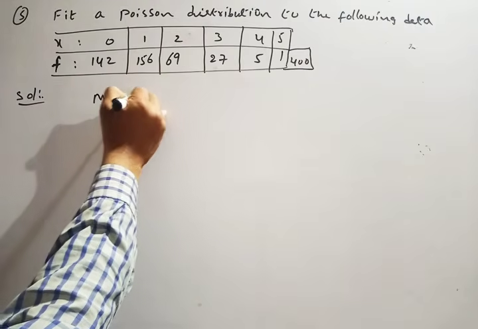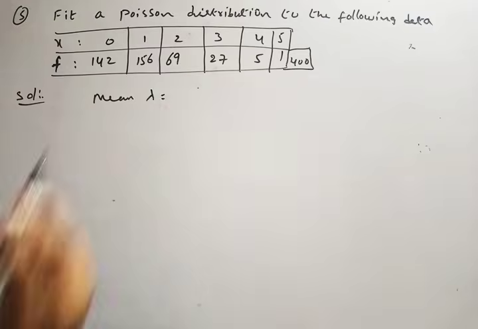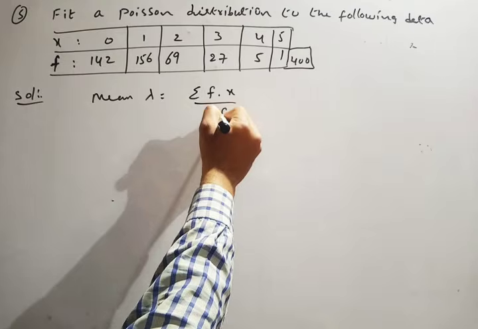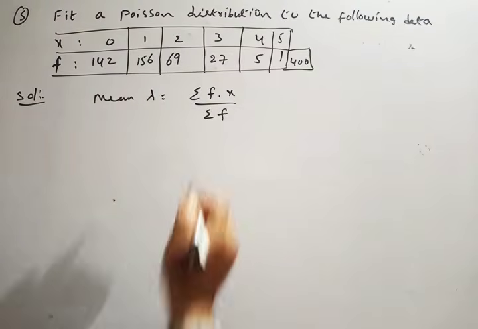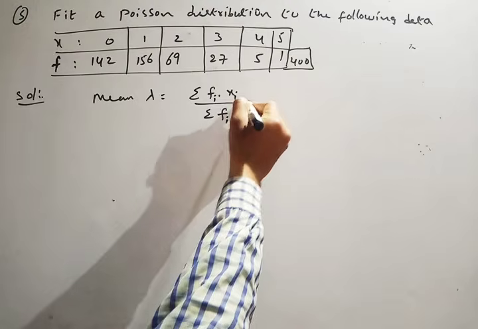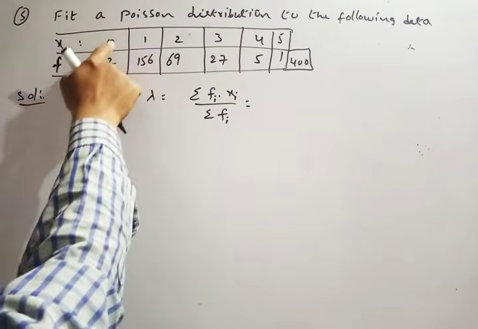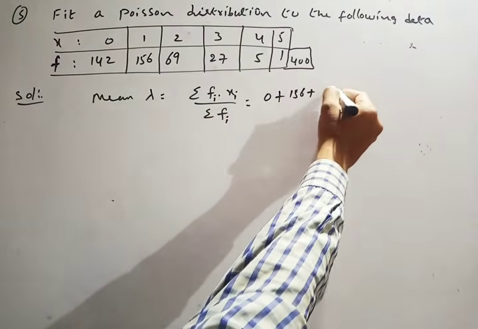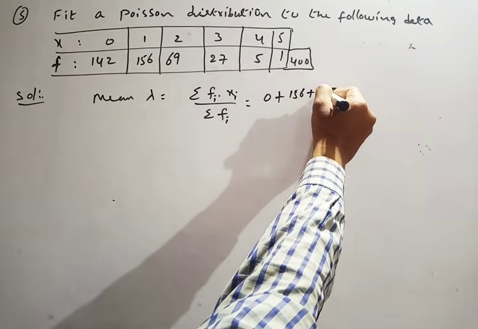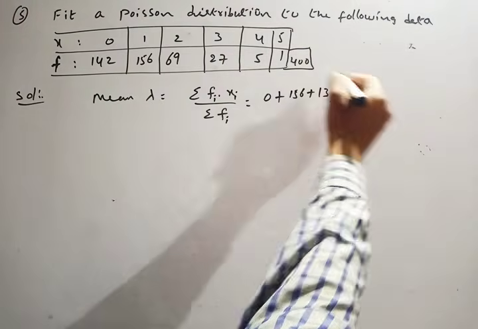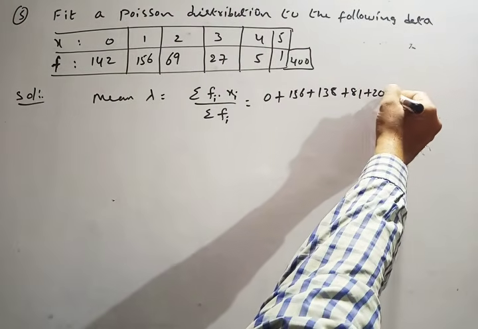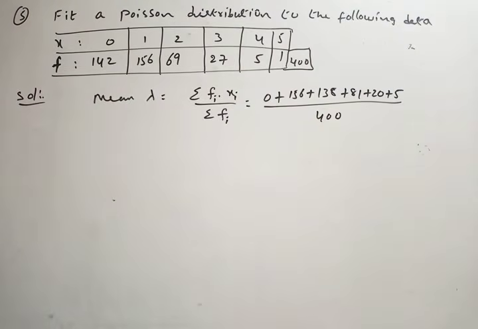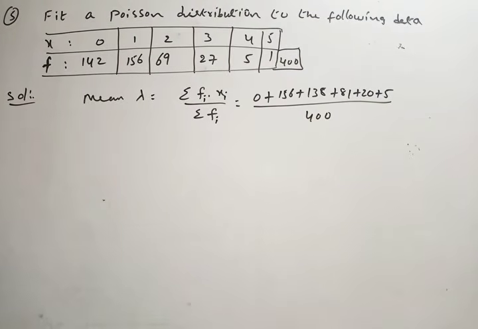Lambda is the mean. The mean formula is sigma f into x by sigma f, that is, fi into xi by sigma fi. Here fi into xi means this into this. So 0, then 1 into 156 plus 2 into 69, which is 138, then 81, then 20 plus 5, divided by the total frequency, which is 400.